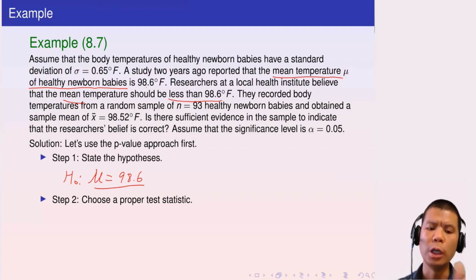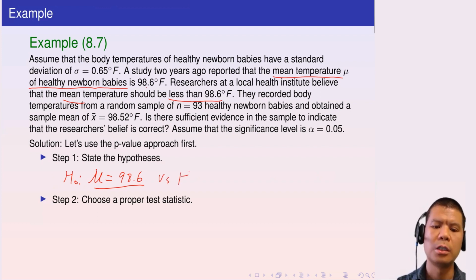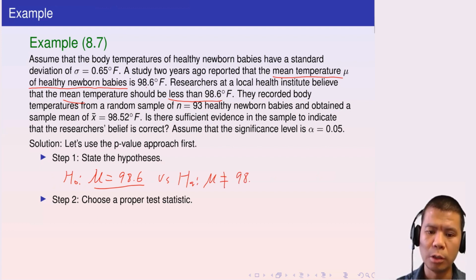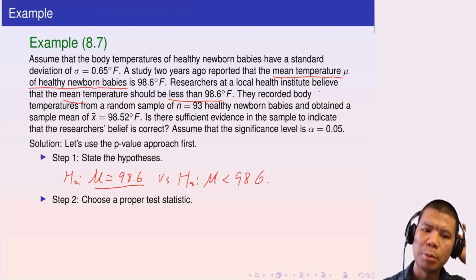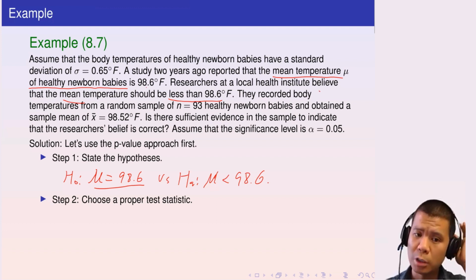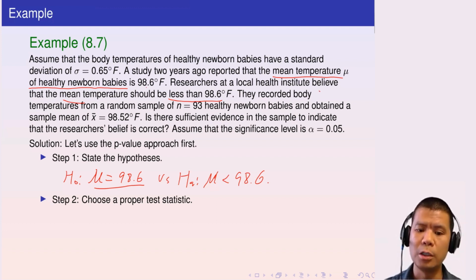So H0: mu equals 98.6 versus HA: mu is less than 98.6. This is something that they believe to be true, they are suspicious of. It does not contain the equal sign.